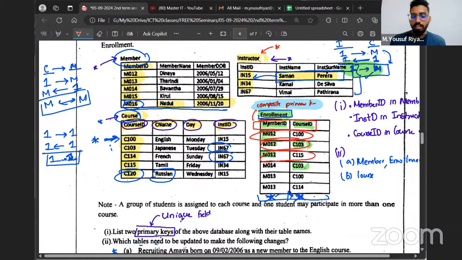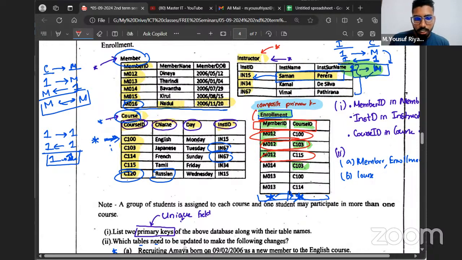No. What is the table you will first go and check? I'm asking you: tell me each and every student who is enrolling for the courses, along with their name and the course. For example, you have to tell me Dinaya is attending the English course, Dinaya is attending the Japanese course. Likewise, if you're going to find that, what is the first table you go and check?